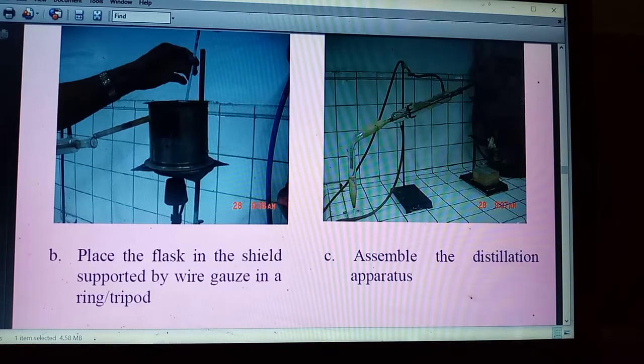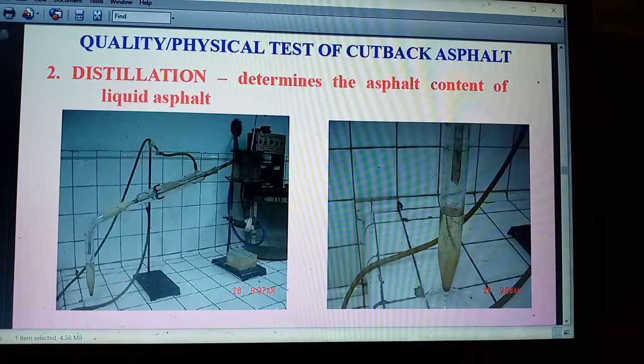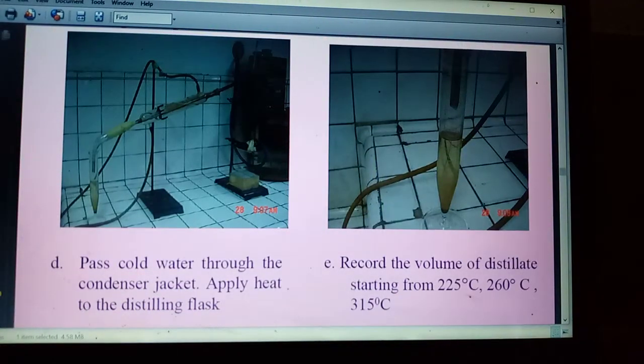So and then assemble the distillation apparatus. So ganito yung distillation apparatus. Para ka lang nagdi-distill ng tubig, pero asphalt lang yung gamit natin. So yan yung mga picture natin. Then pass cold water through the condenser jacket. So apply heat to the distilling flask.